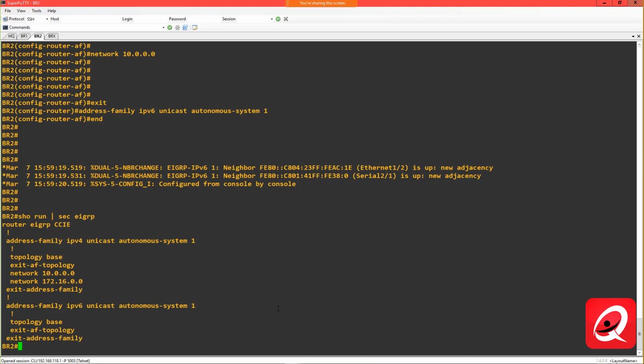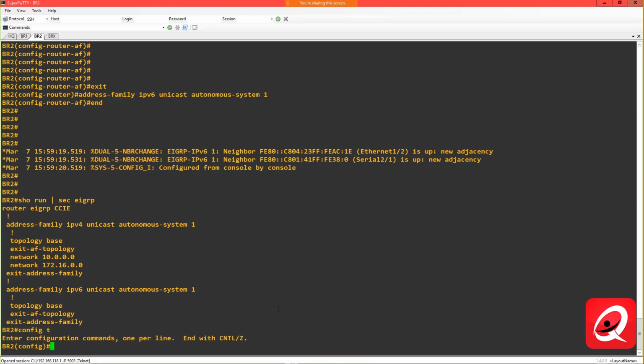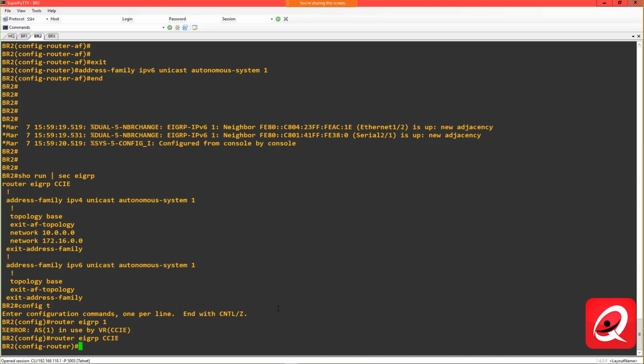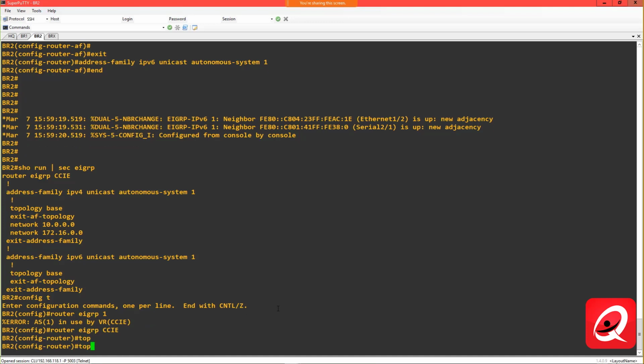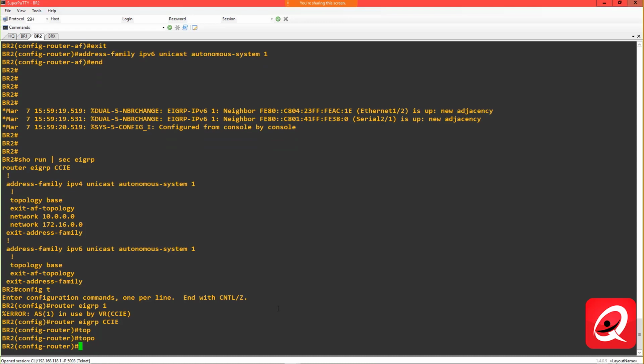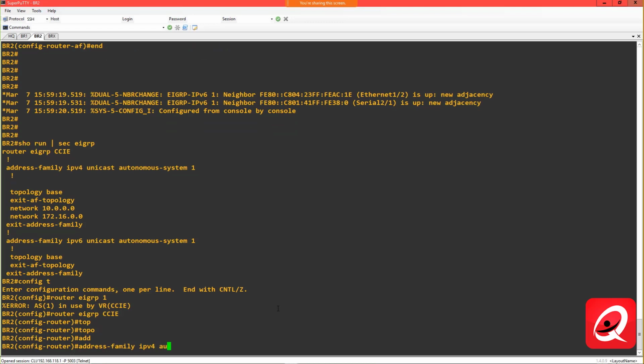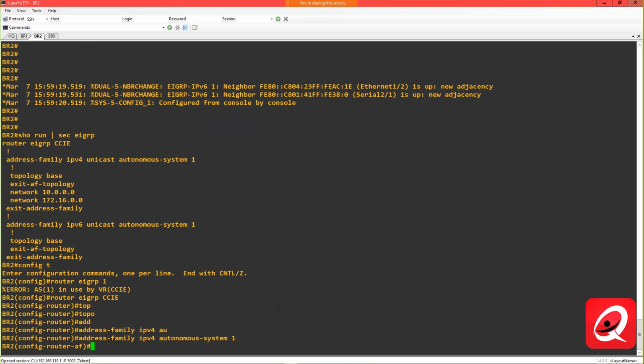All right, so let's go into config t, router EIGRP CCIE, and I'm going to go into topology base. It's got to go into the address family first. Autonomous system 1. And I took out the unicast because you actually don't technically need it. It's assumed to be unicast if you don't specify it.